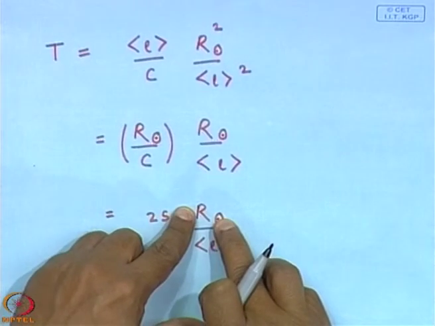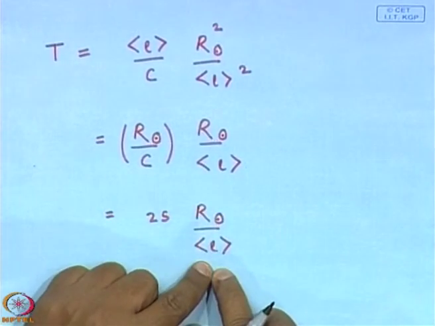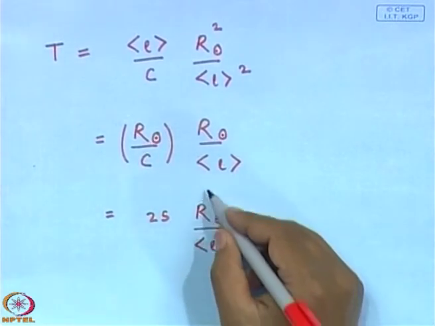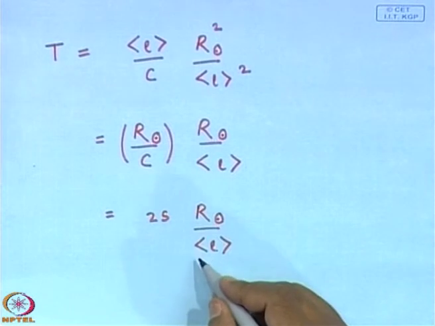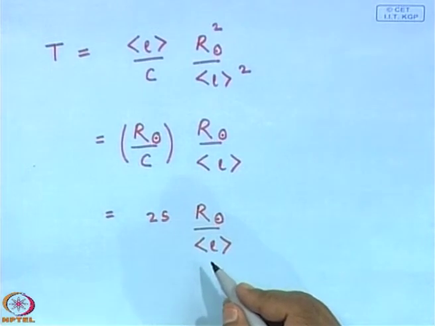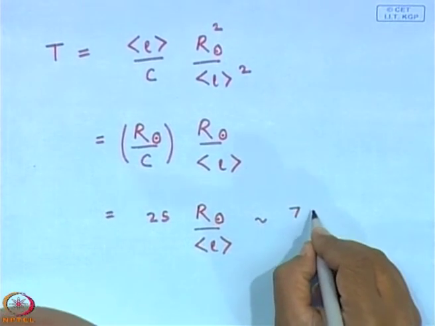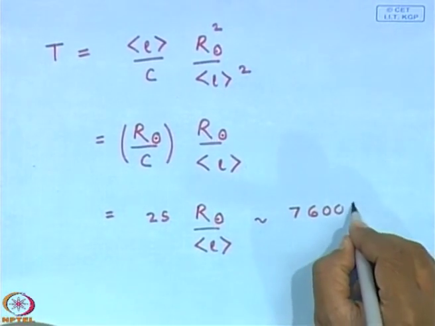As a consequence, it takes much longer, and the amount by which it gets increased is basically the ratio of the distance it has to cover to the mean free path. If you now put in these numbers, we know both these numbers, this comes out to be somewhere around 7,600 years.